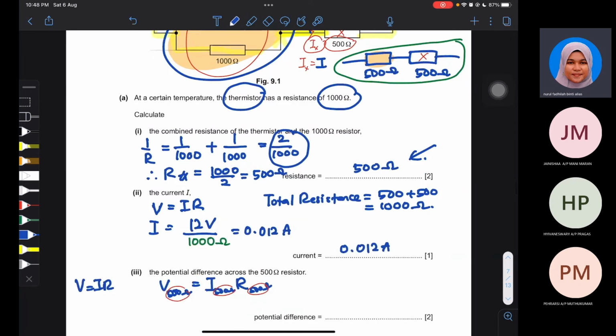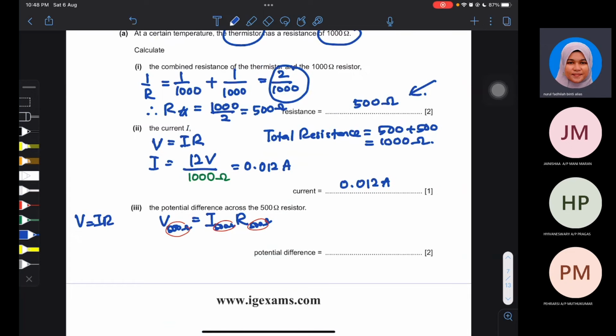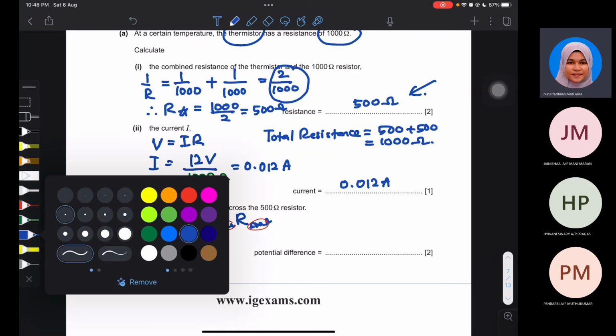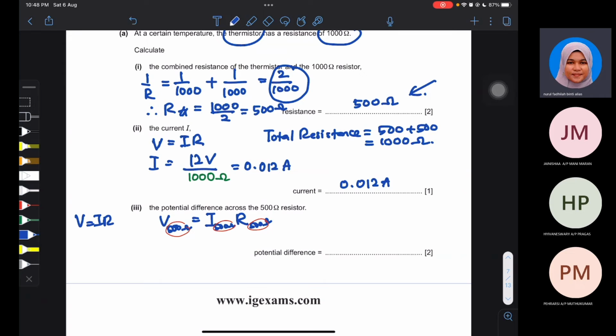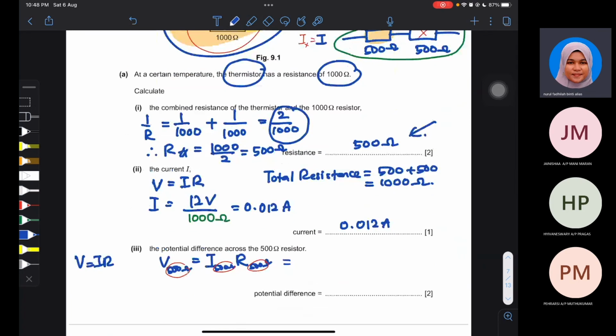Alright. So kita tahu I dia, kita tahu dia punya V semua. And then V equals to I dia 0.012 amps times 500 ohms. Dapat berapa? 6 volts.